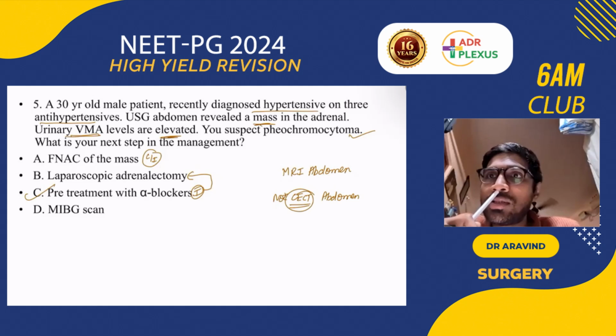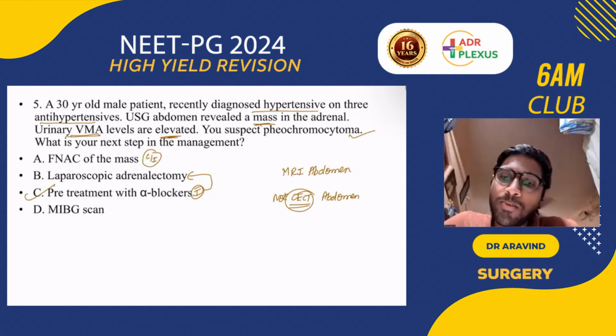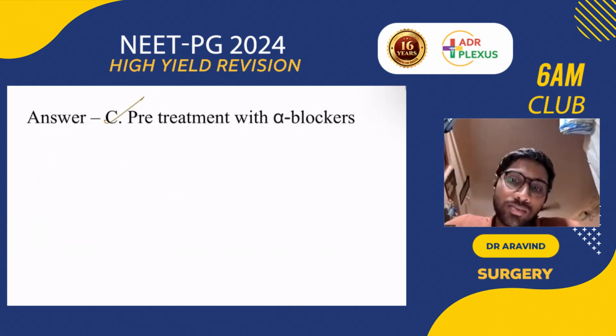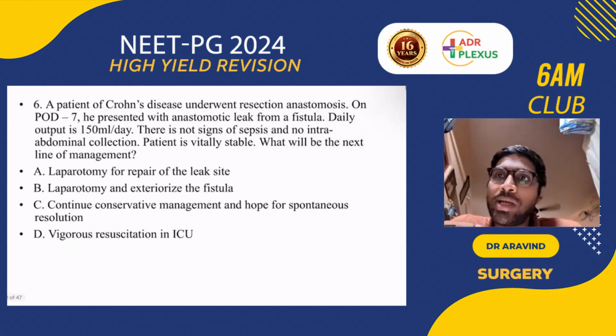Contrast will stimulate the pheochromocytoma to release hormones, so you avoid it. Yes, hypertensive crisis. You do MRI abdomen, then you can go for laparoscopic adrenalectomy. So pre-treatment with alpha blockers, phenoxybenzamine, then give beta blockade.